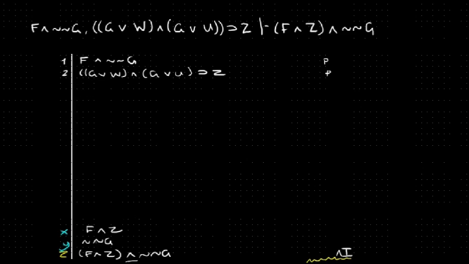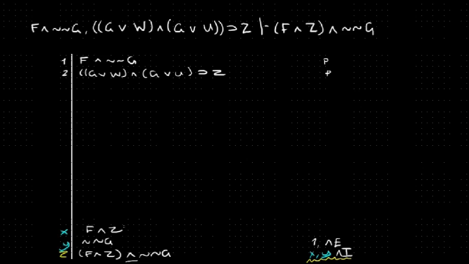Well, the first thing to notice is that not g can be derived straight away. Should put x and y there. Not g can be derived straight away from line 1, f and not g. So if we cite line 1 and a conjunction elimination, that gives us not g. So that's fine, we've already sorted out half of this.